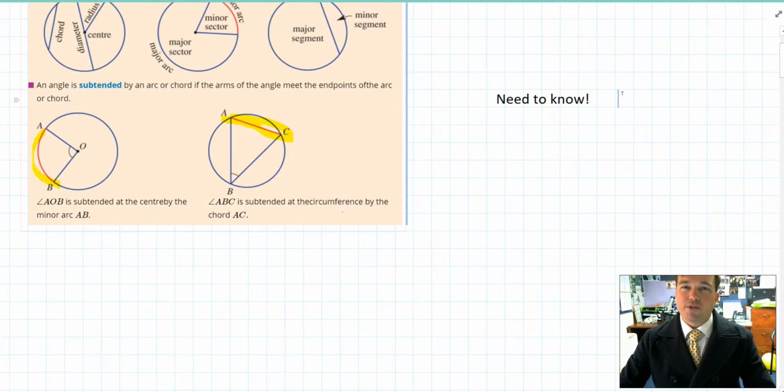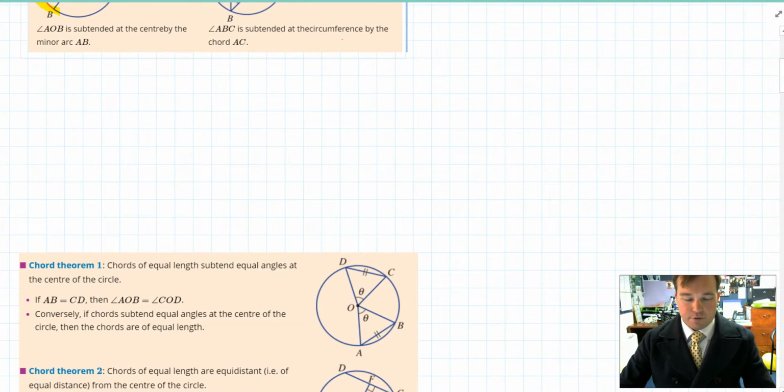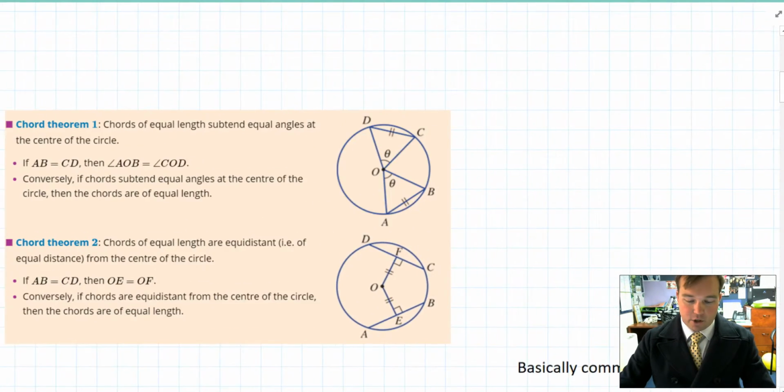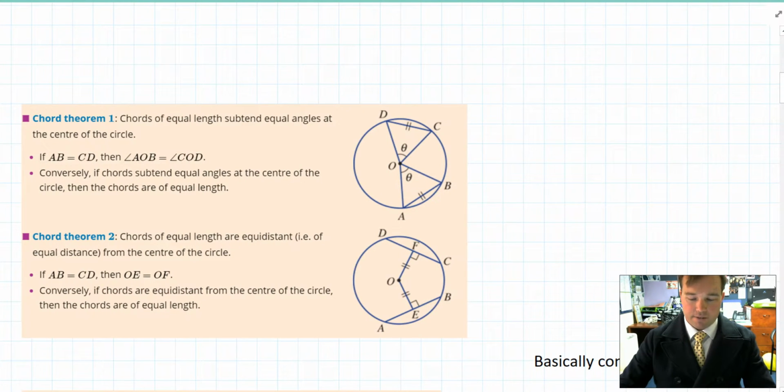What follows you don't need to memorize. You can either write them on your reference sheet in time for the test, or just need to know the vague logic of it. And the first four chord theorems are basically common sense, I think.